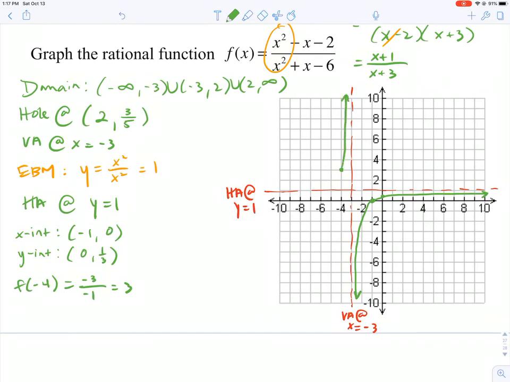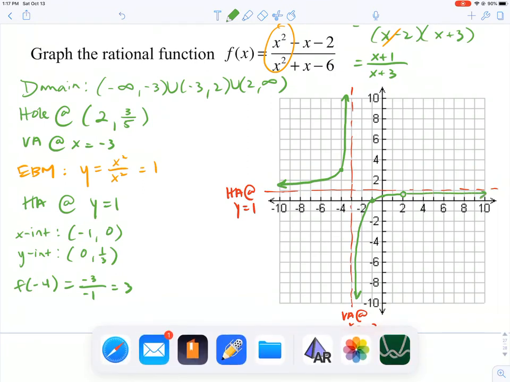Okay, so I think this will look like this. Oh, I forgot my hole. There's going to be a hole at 2, 3/5. So I think it'll look like that.